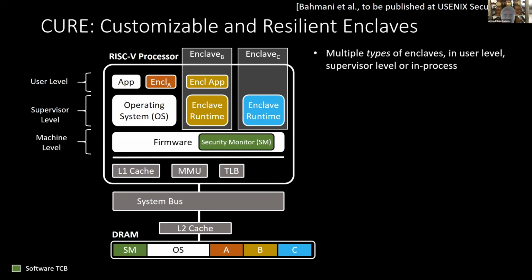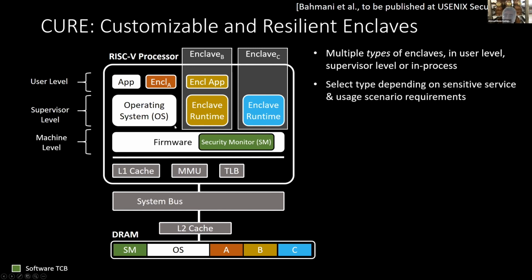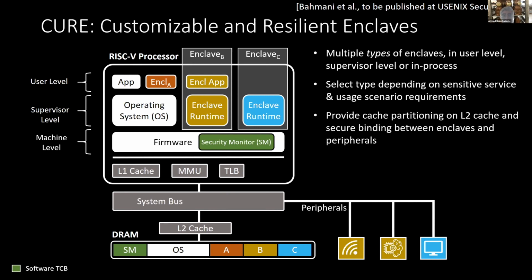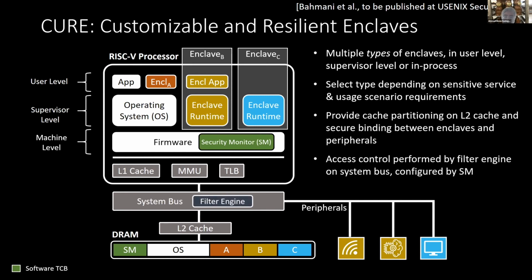But here, for example, this security monitor is a very small piece of software that manages a lot of things in the system. For example, it configures the so-called filter engine. So why this filter engine? We have a small amount of hardware logic on the bus system, and we have a security monitor that is anyway in the RISC-V architecture.